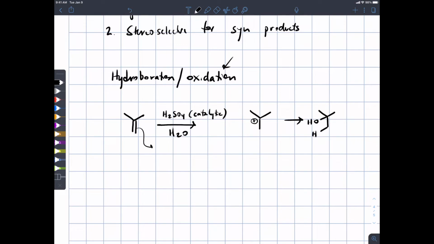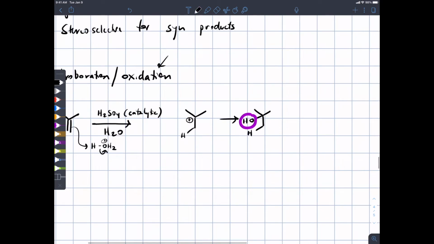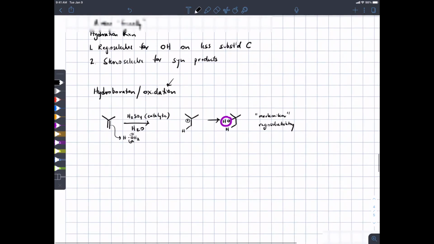In the first step, I would pick up a proton from my acid. And so I get the OH on the more substituted carbon, and we call that Markovnikov regioselectivity. You don't have to call it Markovnikov, but your book will.